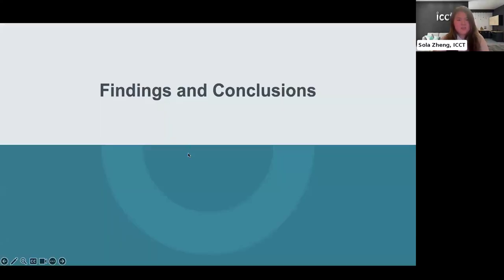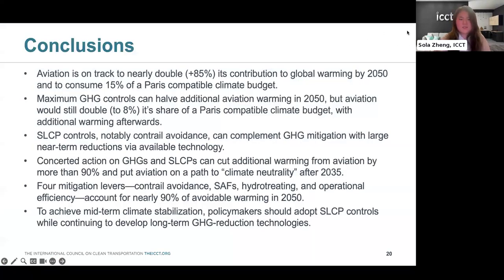And lastly, I will just walk you through a few high-level takeaways based on the results that I just shared. So first of all, as I mentioned, aviation will double its contribution to global warming under a business as usual scenario. It will also quadruple its share of a Paris compatible climate budget. And with maximum greenhouse gas emissions reductions, we will be able to cut the warming contribution by half in 2050.